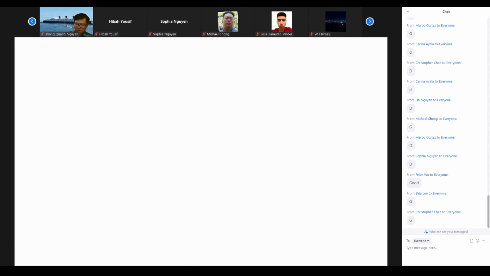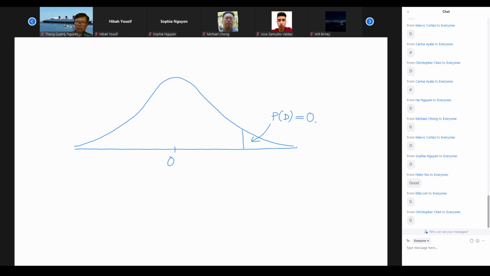Okay, so in the homework, I also ask you to draw the sigma level. So we just draw it one more time here. We draw the standard normal distribution like that, the 0 in the middle, and then we cut the right tail so that it is the P of D, right? 0.03 or 3%.